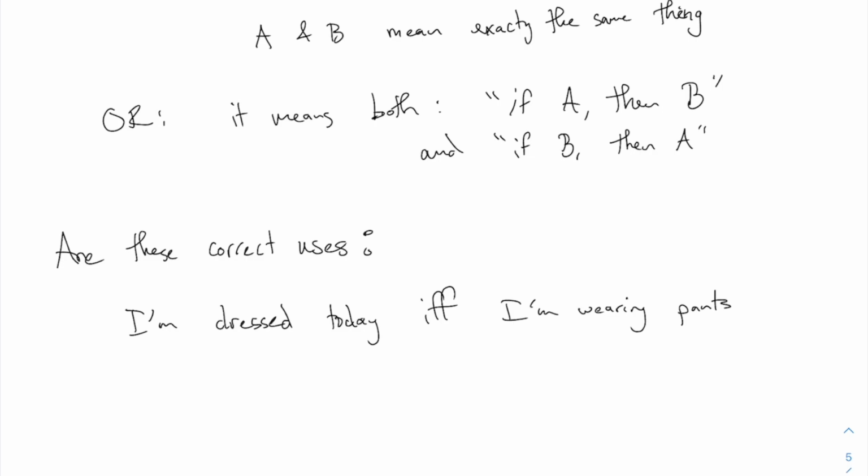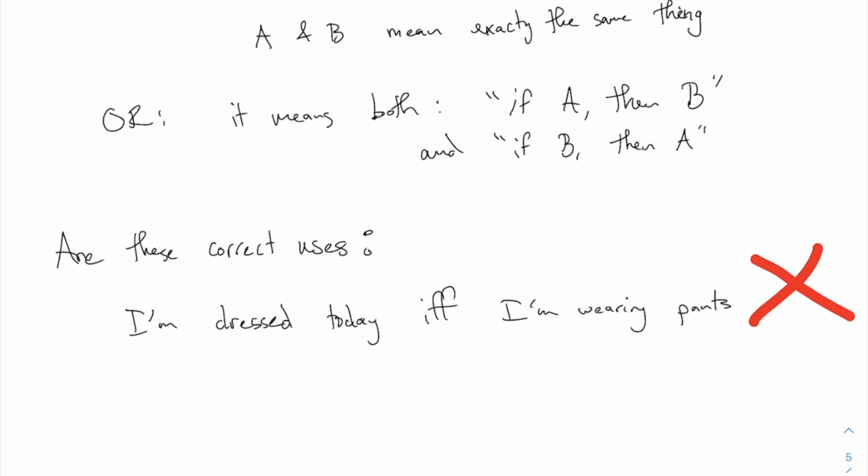Or I would say no, not really. I suppose I could be wearing pants and not be fully dressed, I guess, or I could be fully dressed in a way which doesn't involve pants. Usually when I get dressed, it does involve pants, but I wear shorts sometimes. Does that count as pants? So anyway, I'm trying to say these are not logically equivalent to one another. So I'm going to put a big old X next to this one, all right?